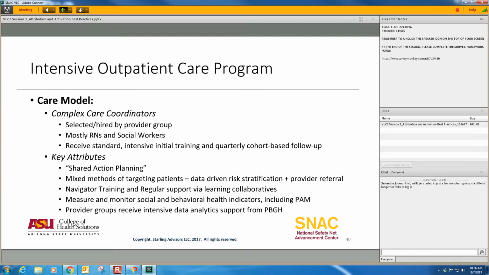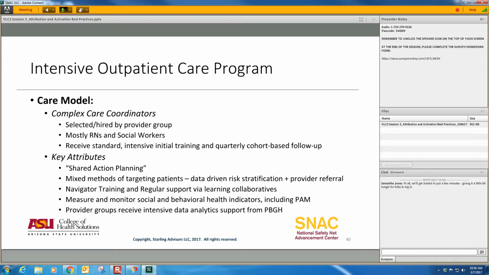Generally, they would ask provider groups to identify a complex care coordinator. The provider group had the ability to select whom they thought would be the right fit to staff this role. I think most of the groups had a pretty high-level role, so mostly RNs and social workers.